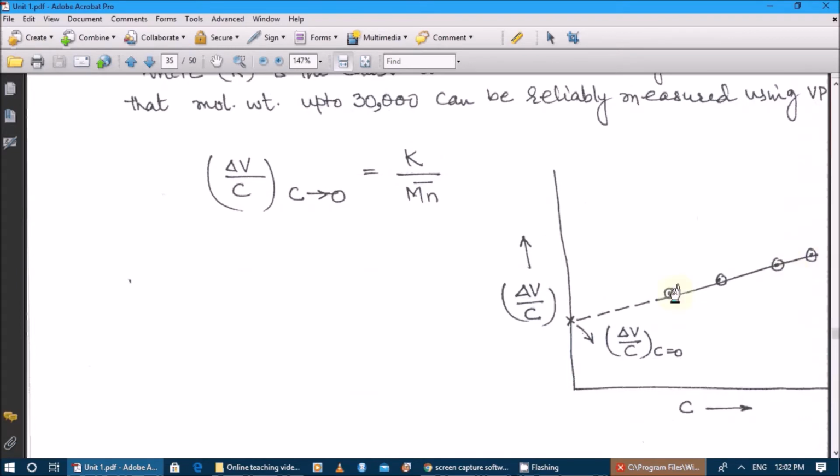And when we connect these data points with a straight line and extrapolate this straight line to the y-axis, at the intercept we will obtain delta V by C, where C is tending to 0. So this left hand side is obtained, and K is the calibration constant, which is also known to us, so we can directly calculate the value of Mn bar, the number average molecular weight.